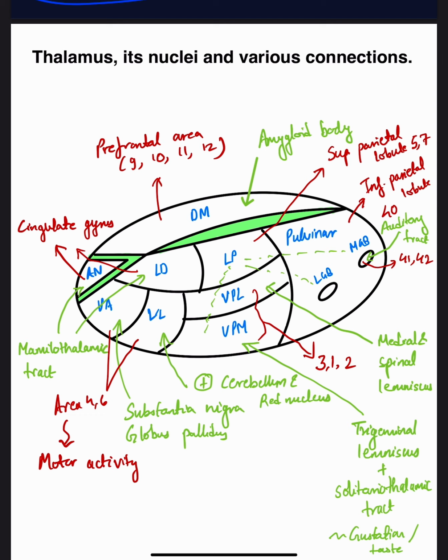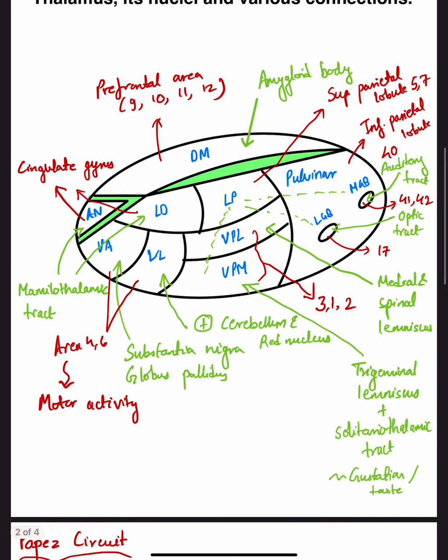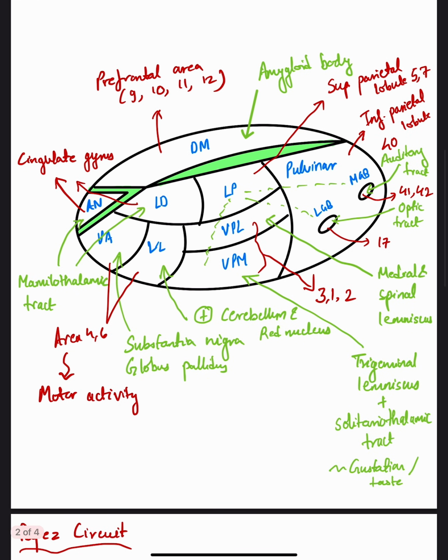And as for the lateral, the afferent is the optic tract, and the efferent impulses go to area number 17. So these are the nuclei and their afferent and efferent connections.